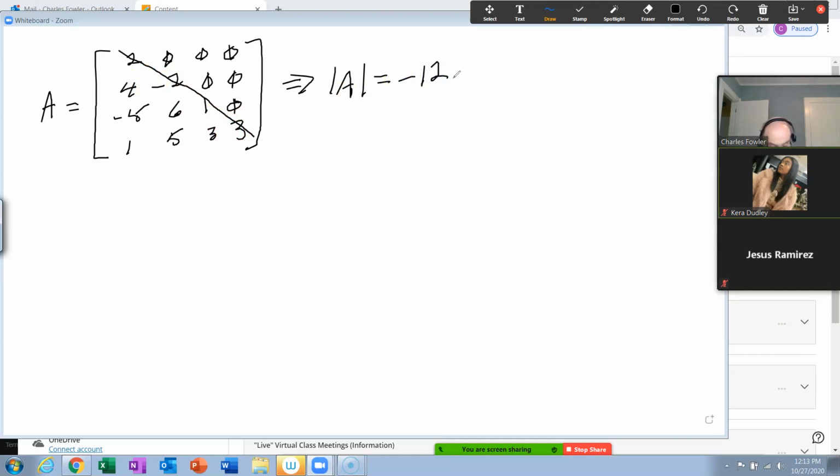Done. That's it. Done. No expansion by cofactors, nothing. Multiply the main diagonal elements. Only works for triangular matrices. Diagonal matrices are triangular matrices, so it works for them too. Either upper, lower, or diagonal.